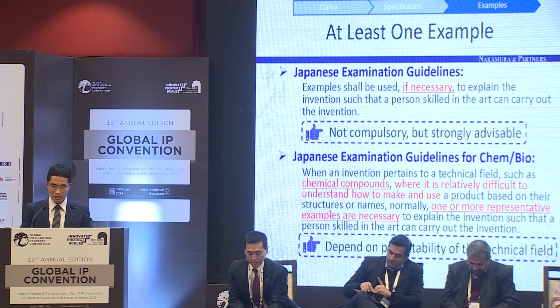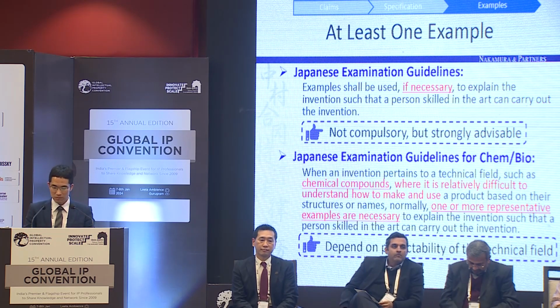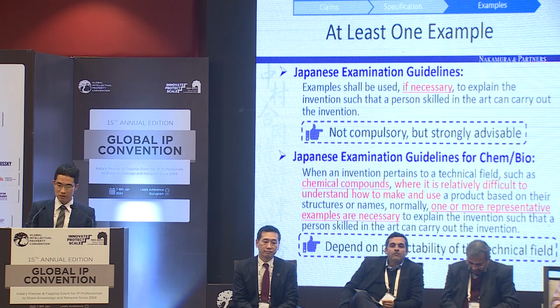Namely, the importance of examples may vary depending on the predictability of the technical field, but in any field, examples are useful to prove the effect of the invention, or how to carry out the invention, or how to solve the problem.